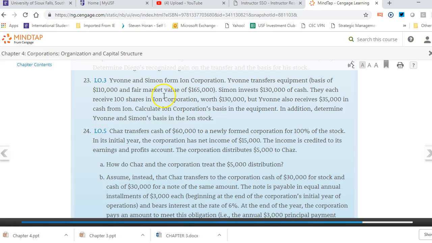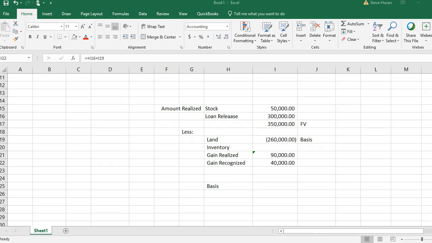Yvonne's contributing something worth 165. Simon's contributing cash at 130. There's a $35,000 difference, right? So that makes sense she gets 35 back, because they each get the same amount of shares, 100 shares each, worth 130. It's not uncommon for that kind of thing to happen.